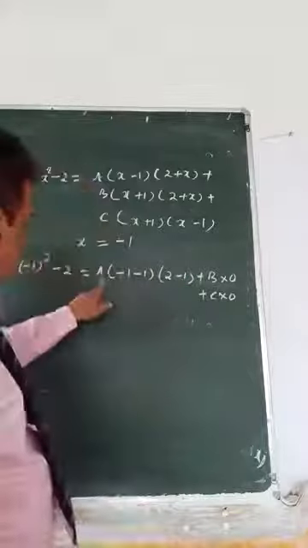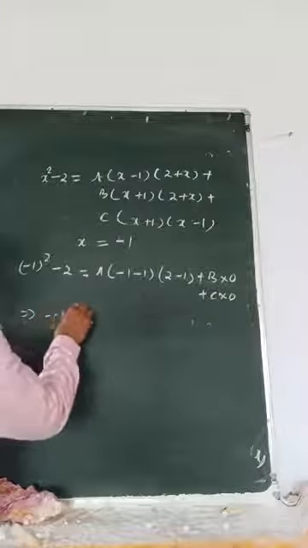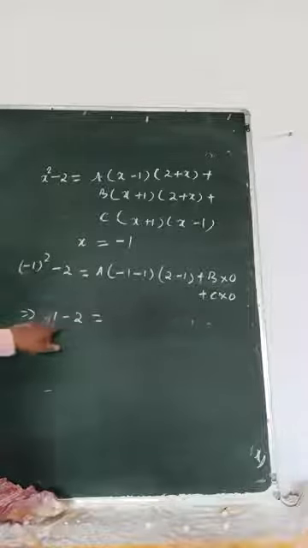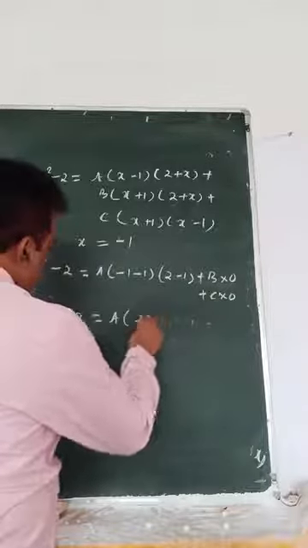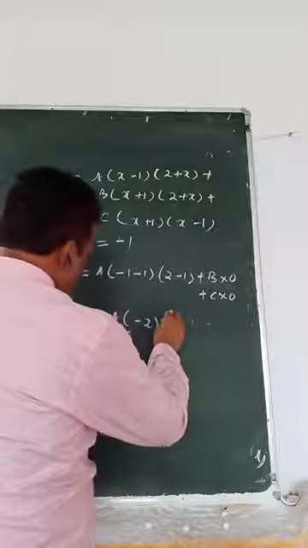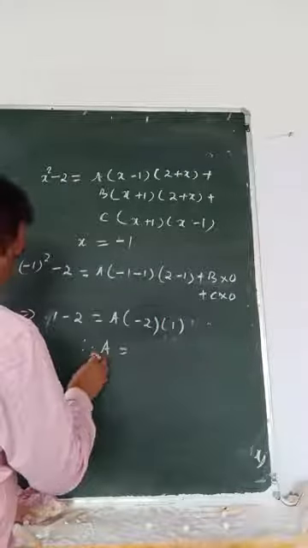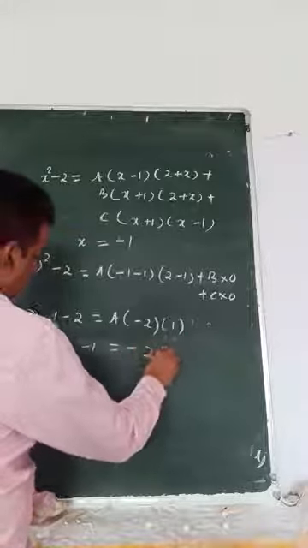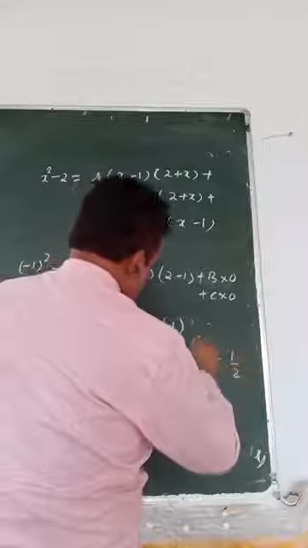So what is left out? A only. That means 1 - 2, that is, (-1)² is 1 minus 2, equals A into (-2) into 1. Therefore -1 equals -2A, cancel minus, A equals 1 by 2. Let's keep it here.